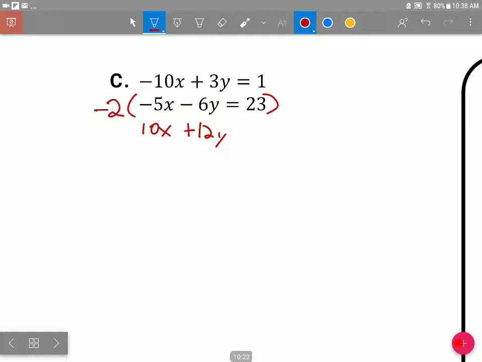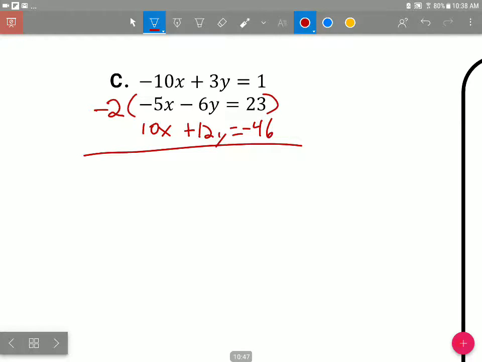What is negative 2 times 23? Negative 46. Cool. And now I'll pause. Does anybody have any problems with what we did here at all? All right, because that is kind of the crux of the issue, is can you get to this point? If you can get to this point, you're golden. I really do think you are.